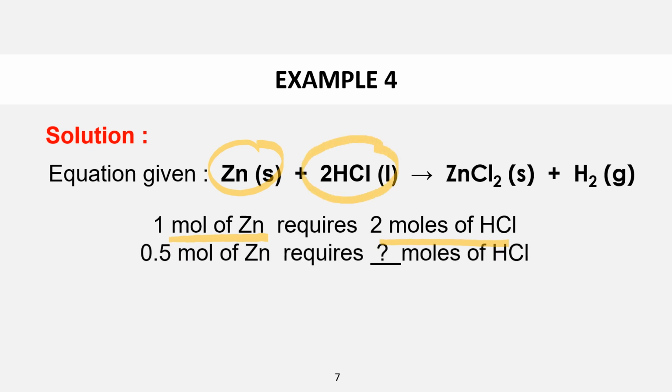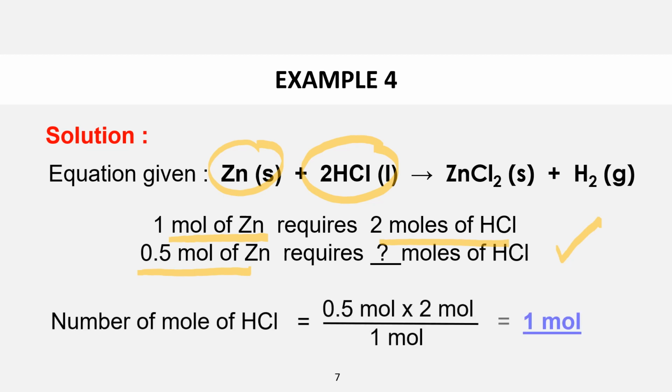Thus, if 0.5 mole of zinc is reacted, how many moles of hydrochloric acid are needed? In this case, to determine the number of moles of hydrochloric acid, we can use the cross-multiply method. Then we will obtain the number of moles of hydrochloric acid, which equals 1 mole.